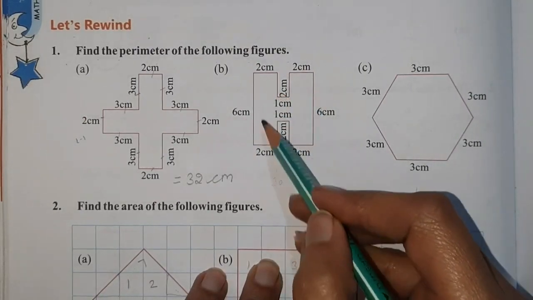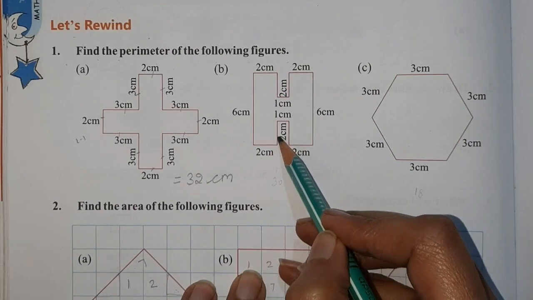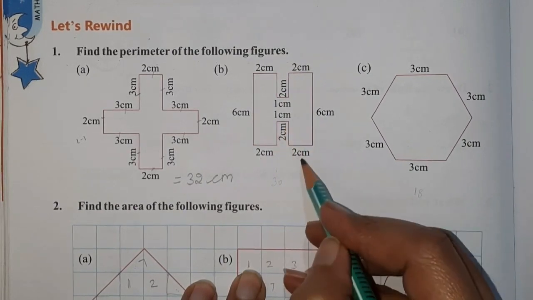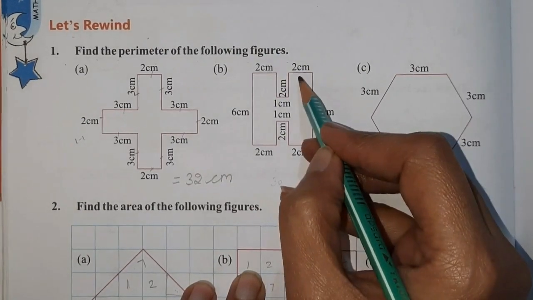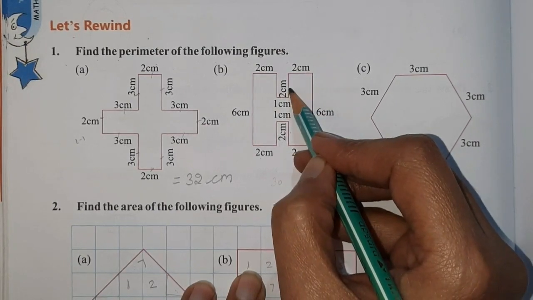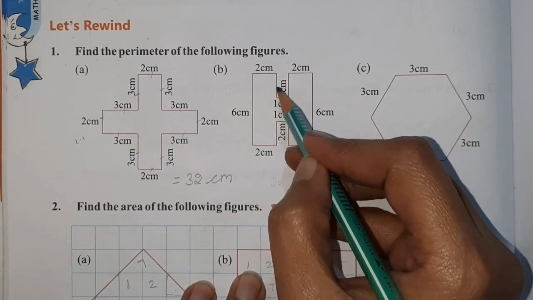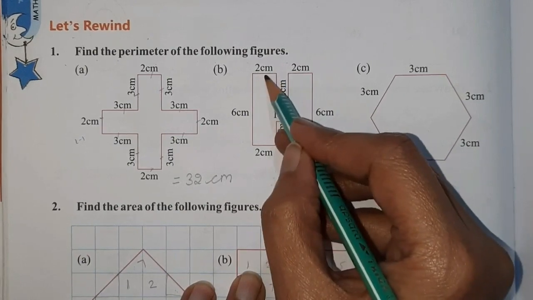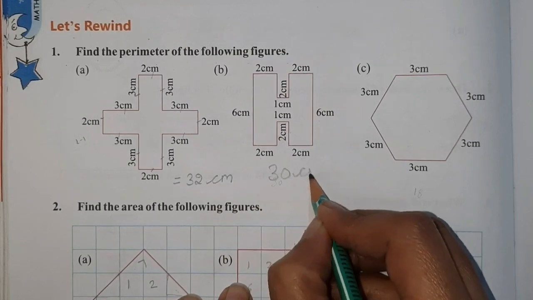You have to do addition of all the sides. 6 plus 2, 8, 8 plus 2, 10, 10 plus 1, 11, 11 plus 2, 13, 13 plus 2, 15, 15 plus 6, 21, 21 plus 2, 23, 23 plus 2, 25 plus 1, 26 plus 2 this side, 28 plus 2 this side, 30. So its perimeter is 30 centimeter.